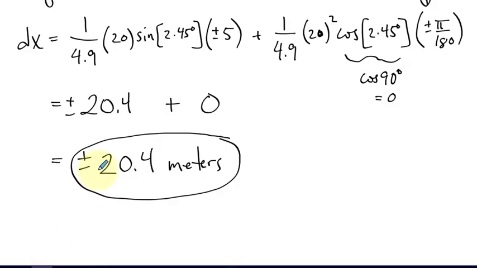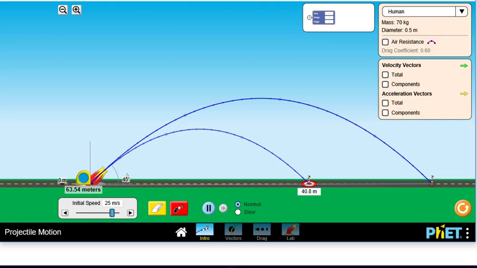Right, so if I drop the speed by 5 meters per second, what's going to happen? Well, it should be about 20 meters, 20.4, that's an estimate, for the change in the corresponding range of the projectile. So let's drop it back 5, to go to 15 meters per second, and see what happens.